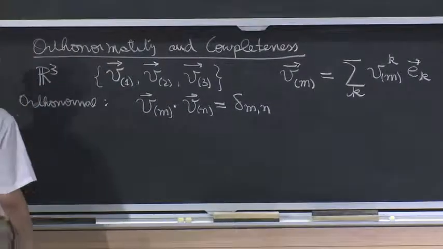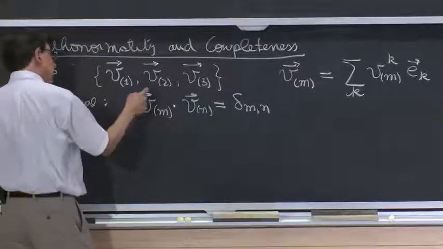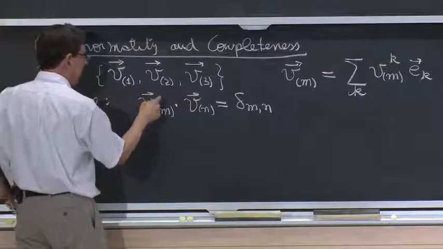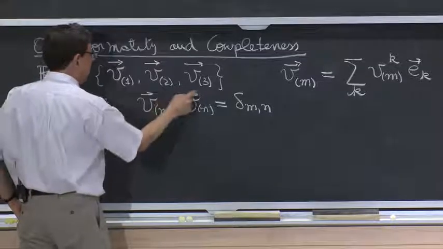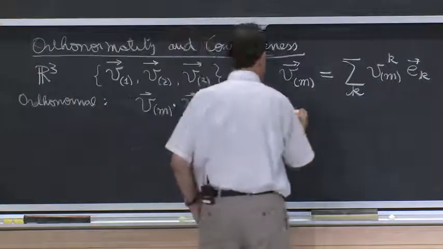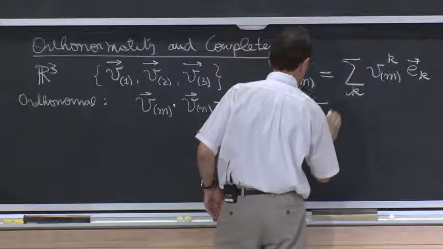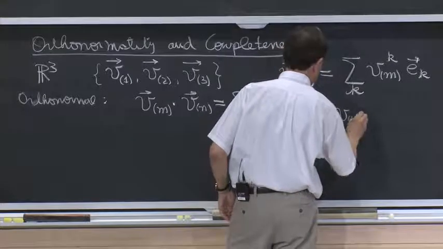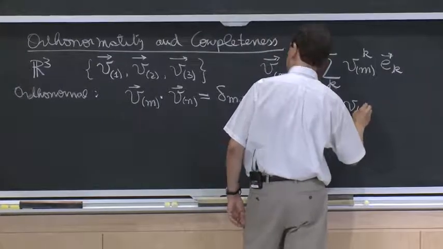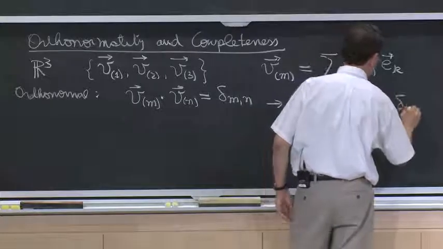Now we can write it more explicitly using the indices, because in fact, if you have these vectors here, the dot product is done by adding the products of the corresponding components. So this equation really is the sum over k of v_m^k v_n^k being equal to delta_mn.